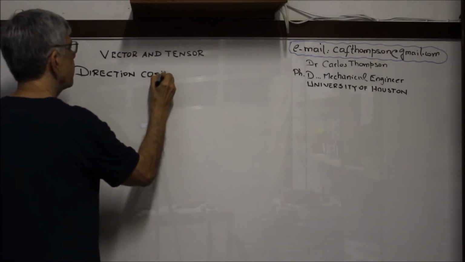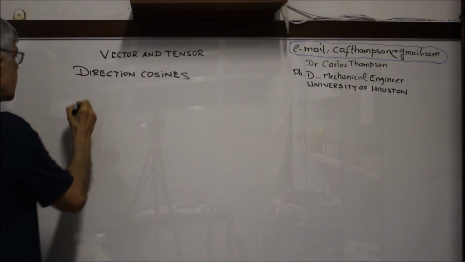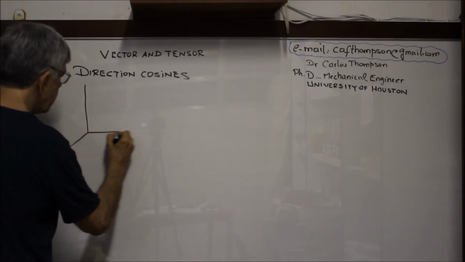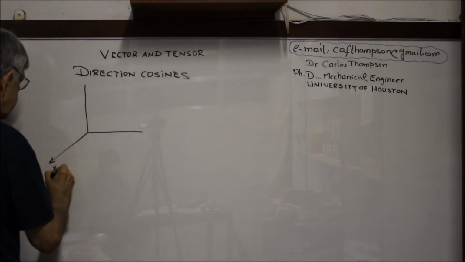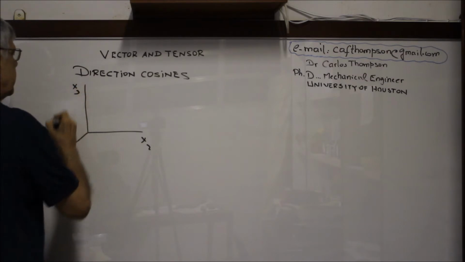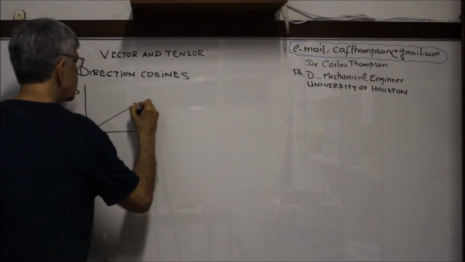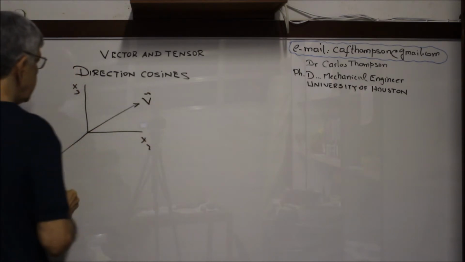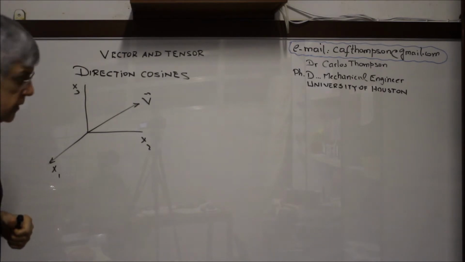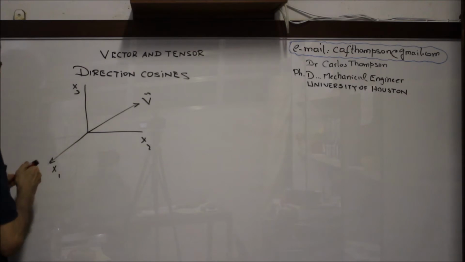Let's study what you call direction cosine. The direction cosine is defined as follows. Here we have the Cartesian coordinates x1, x2, and x3. Here we have a vector, let's call it vector v. This vector v makes 3 angles with the coordinates.